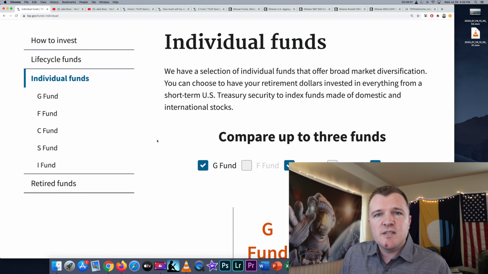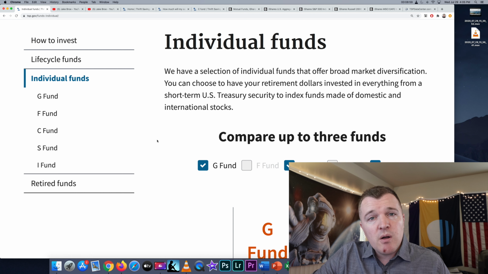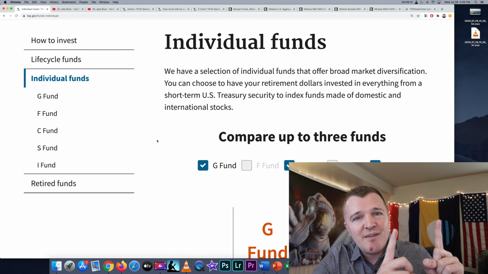If you're invested in this fund, you're invested in the 500 largest companies in America. S stands for Small Cap Index Fund, and this then tracks the next 2,000 publicly traded U.S. companies on the New York Stock Exchange. So the C is the 500 largest, the big ones that you know by name.